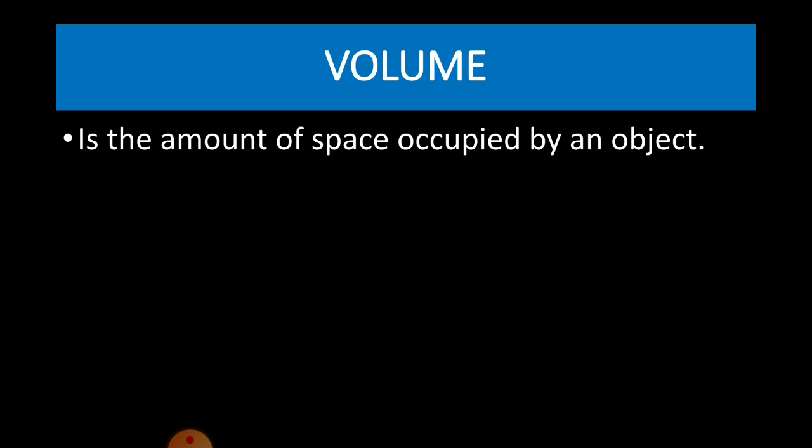Next, we have the volume. Volume is the amount of space occupied by an object. One of the laboratory wares commonly used to measure the volume of liquid is the graduated cylinder.